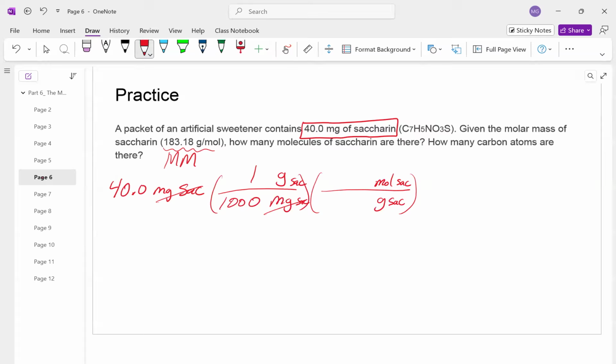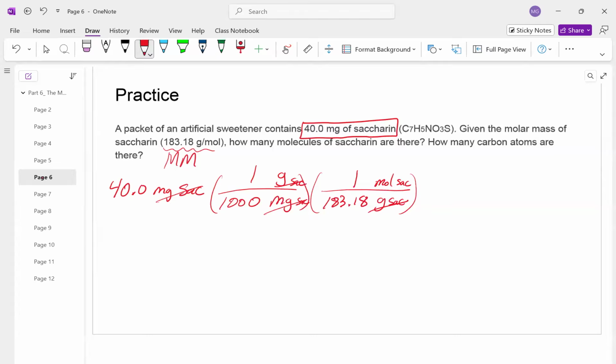Now, what quantity am I going to use in this conversion factor? I want to use the molar mass. Well, the problem gave it to me. I don't have to calculate that. The problem said that 1 mole of saccharin weighs 183.18 grams. So the grams cancel out.